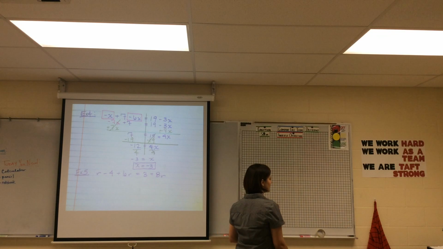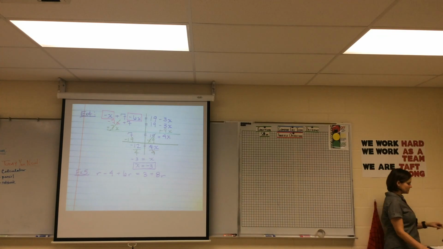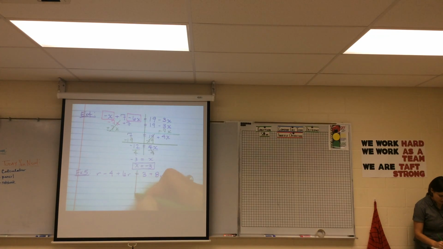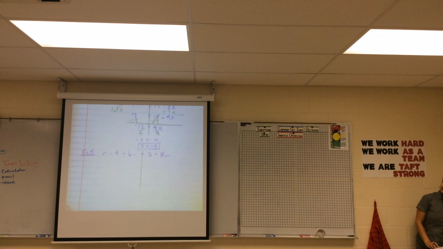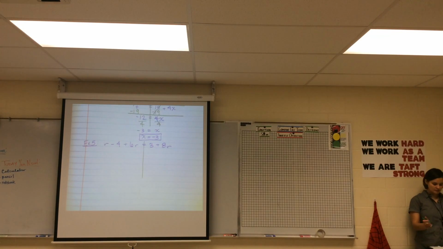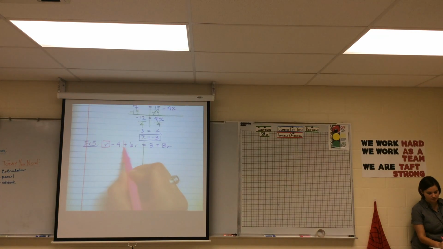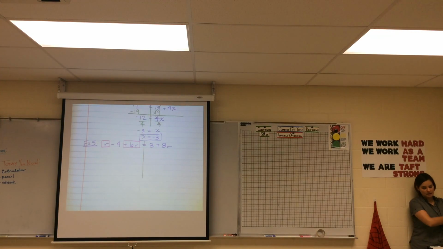All right. Let's take a quick look at this one, you guys. I see a few pencils still moving, but I think most of us are close to that last step. So I'm going to start with my line. Do I have any like terms to combine? Yes. r and 6r. So I had a question.